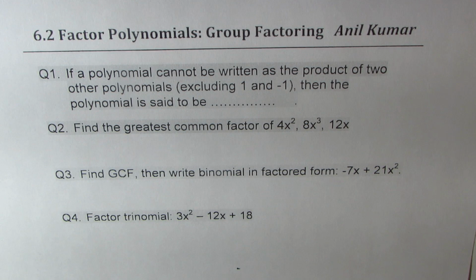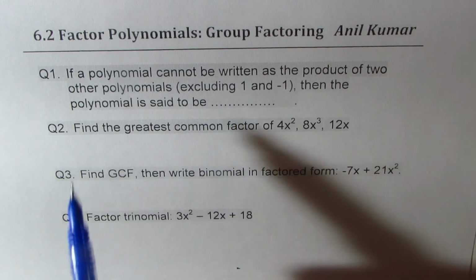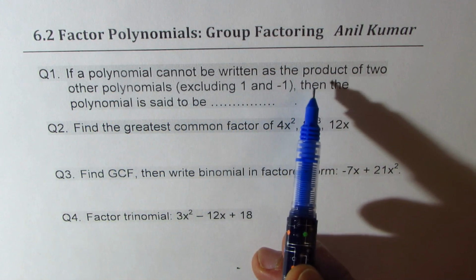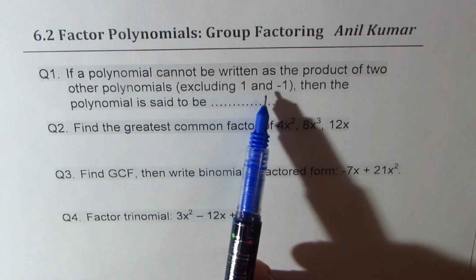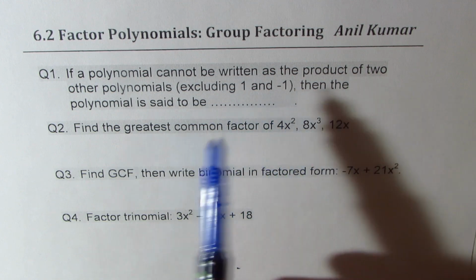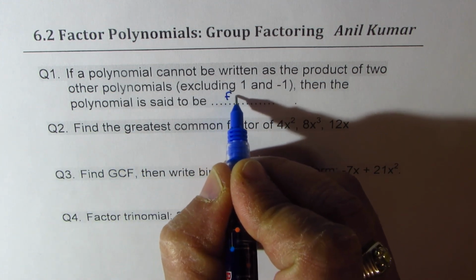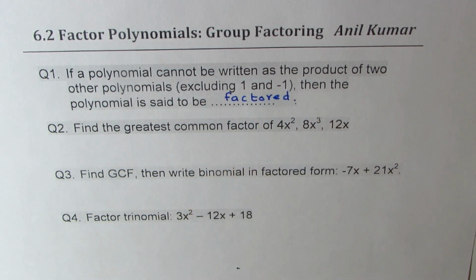So let's start with the very first one, where we are trying to provide you with the definition of factoring. If a polynomial cannot be written as product of 2 or other polynomials, excluding 1 and minus 1, then polynomial is said to be factored. What do we mean?